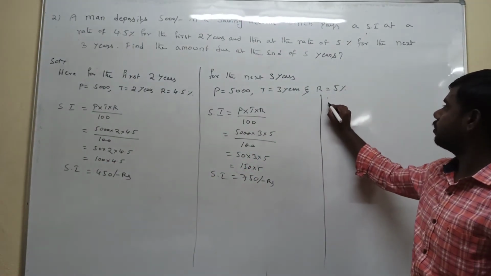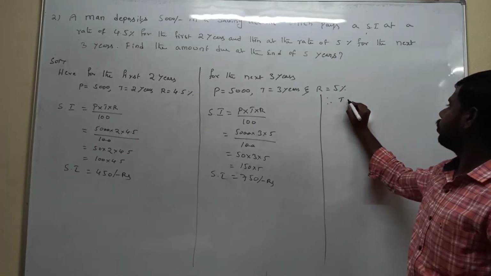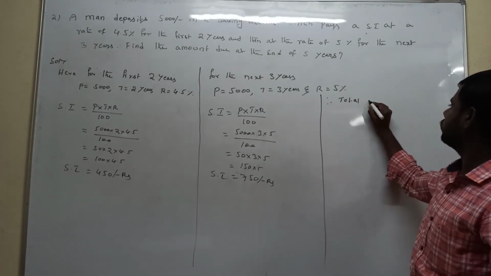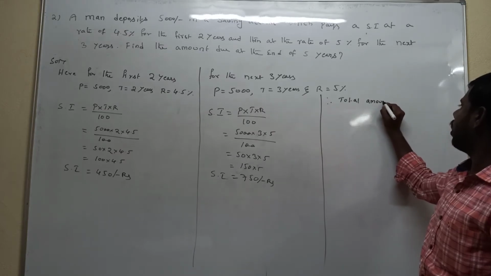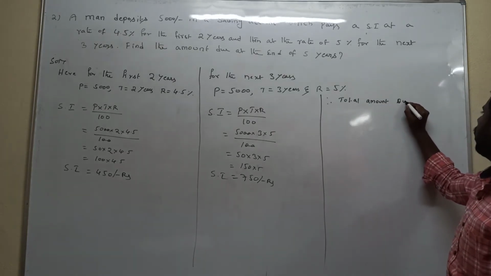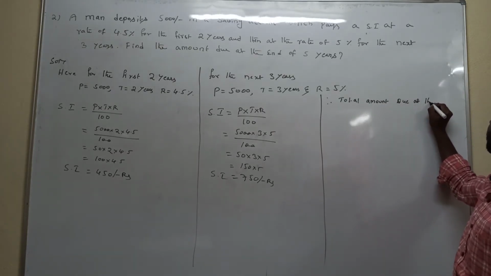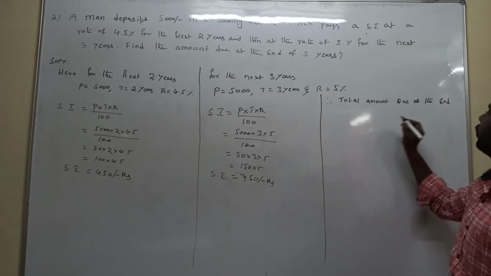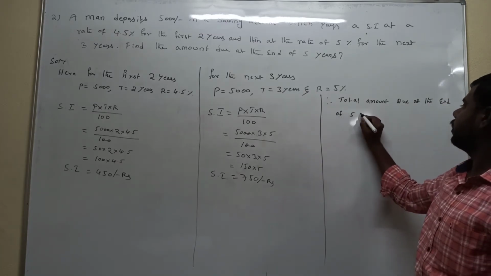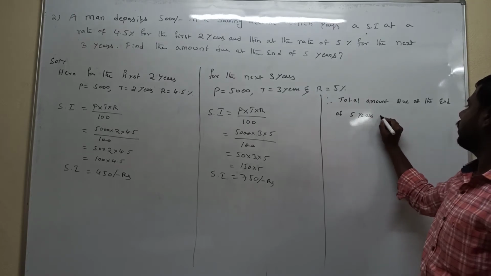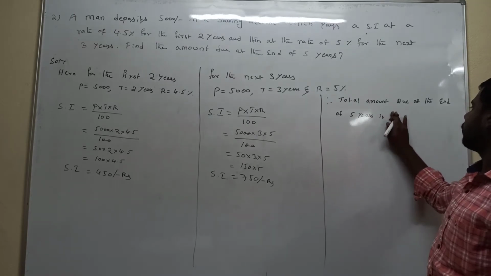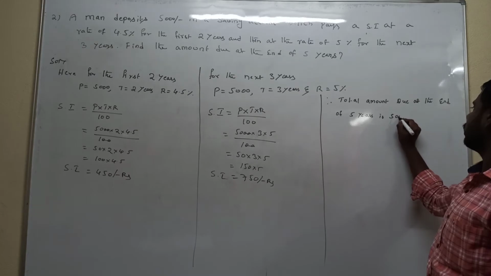So hence, total amount due at the end of 5 years is principal amount, what is the principal amount here? 5,000.